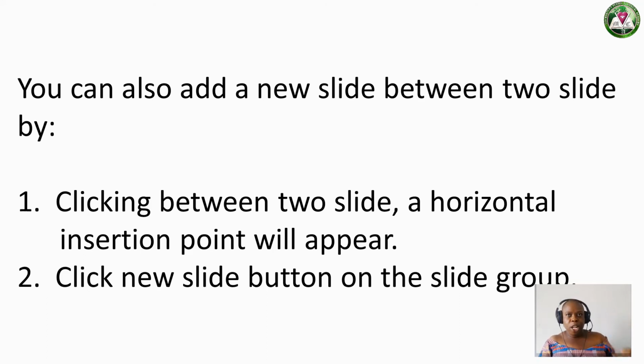The steps on how to do it: in between the 2 slides, click in between. When you click between 1 and 2, a horizontal insertion point will appear. And you now click the New Slide button on the Home tab of the Slide group.